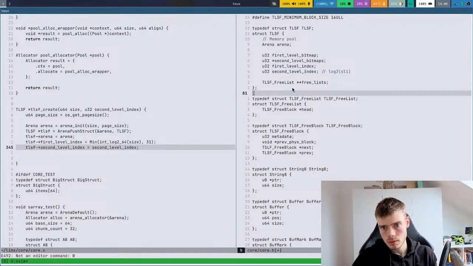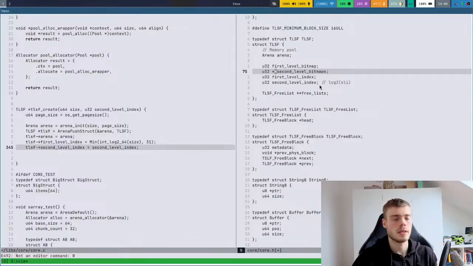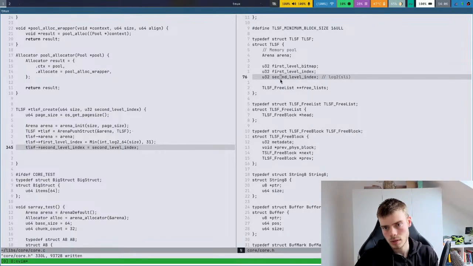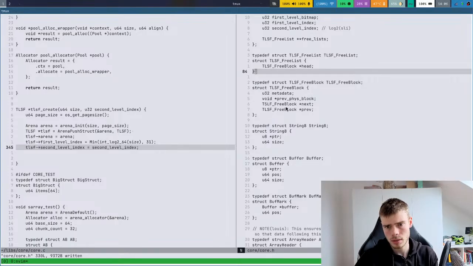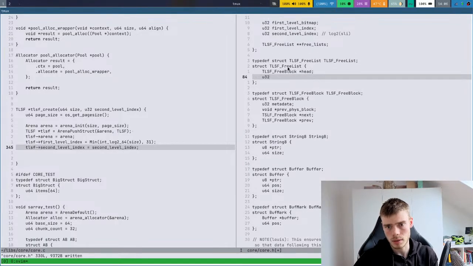Also, this then probably has to be... well, we could start just here. The free, maybe this second level.